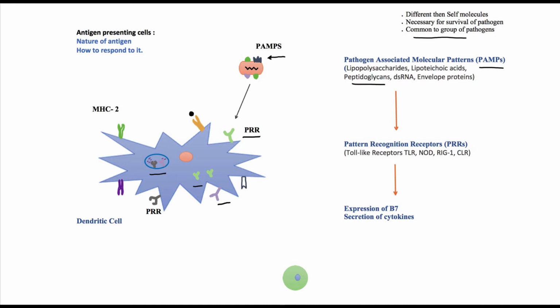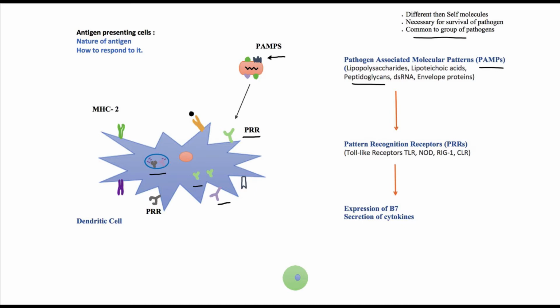So at the end of this process, dendritic cell will have presented peptides derived from this pathogen on HLA molecule on cell surface and will also have recognized and identified which pathogen it is, whether it is a gram-positive bacteria or a double-stranded DNA virus.